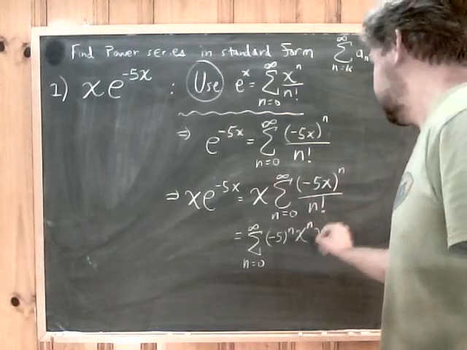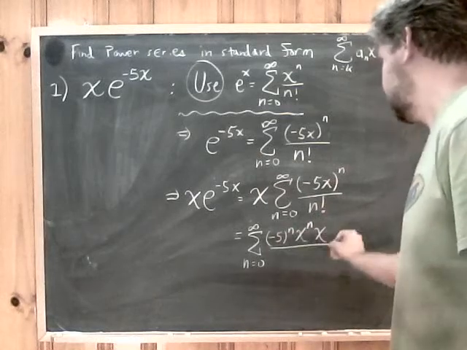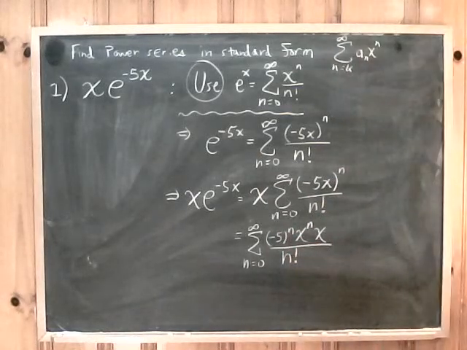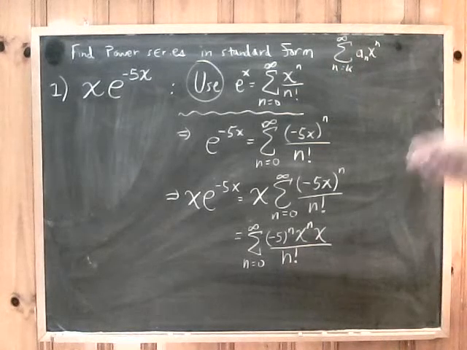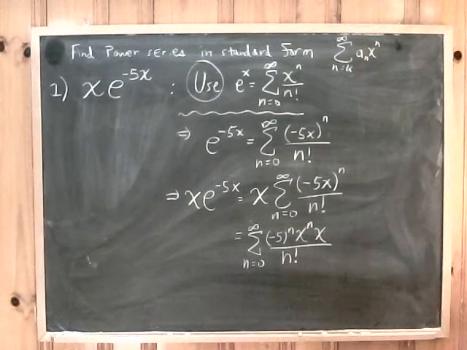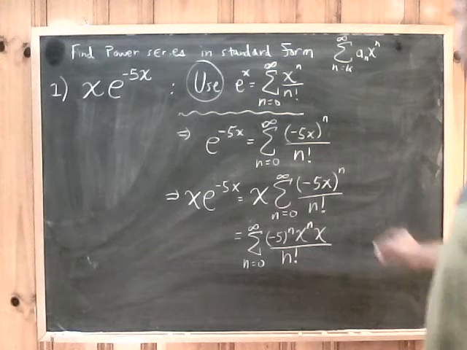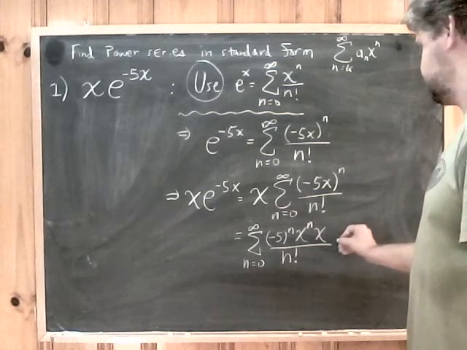So I'll write it just there for now, times x divided by n factorial. Better. Now I see x to the n there, but I have two x's, so I need to combine those powers. So it'll be x to the n plus 1. I'm going to spread this out a little bit.